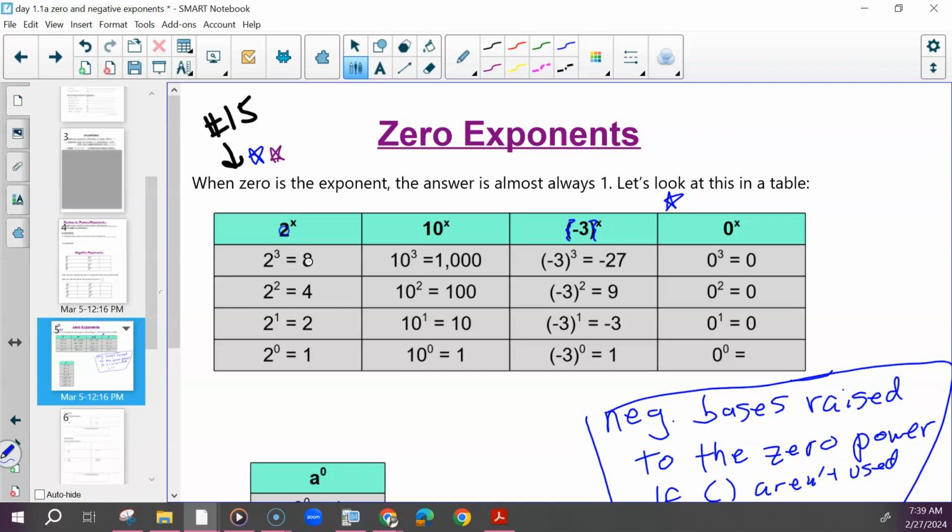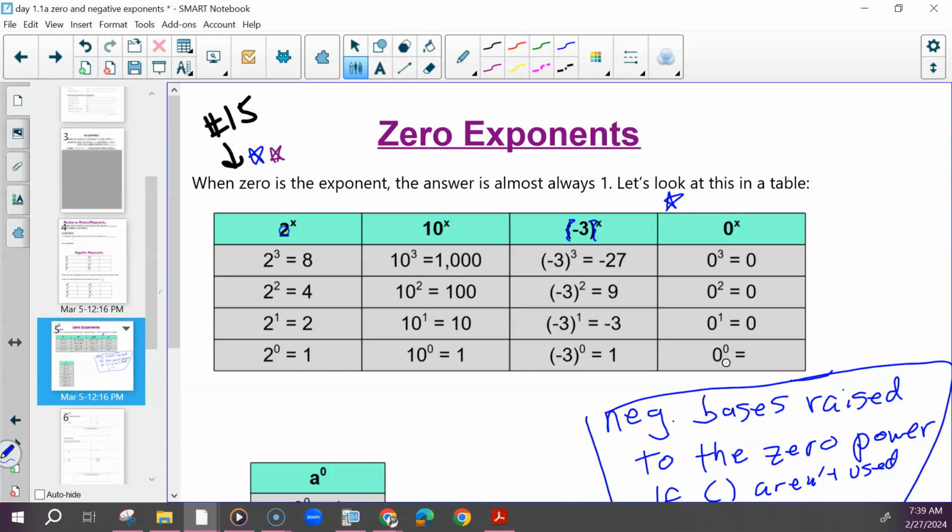And really in each of these I'm dividing by 2, so if I divide by 2 again, this 2 to the 0 should give me 1. That kind of tracks in all of these different numbers. If I start dividing by whatever the base is, I get 1 at the end. As long as I have parentheses with the negatives, that would also work.